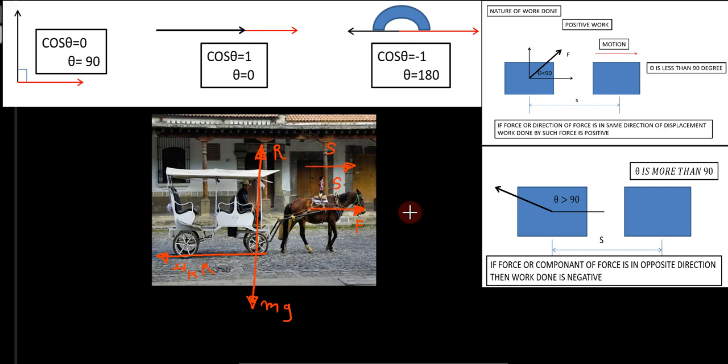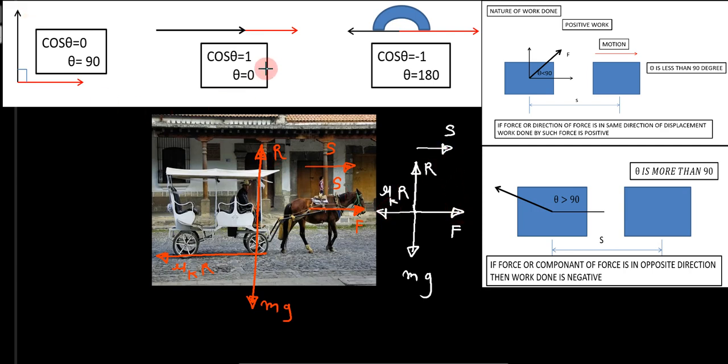बघा आपण forces कसे काढले? If you consider this body as a point mass, this force F, this force normal reaction, this is mg, and this force is a frictional force, that is mu k into R. Okay, so what is the direction of displacement is very important here. बघा तसंच नॉर्मली विचार केला तर फोर्स F आणि S मध्ये अँगल किती आहे?